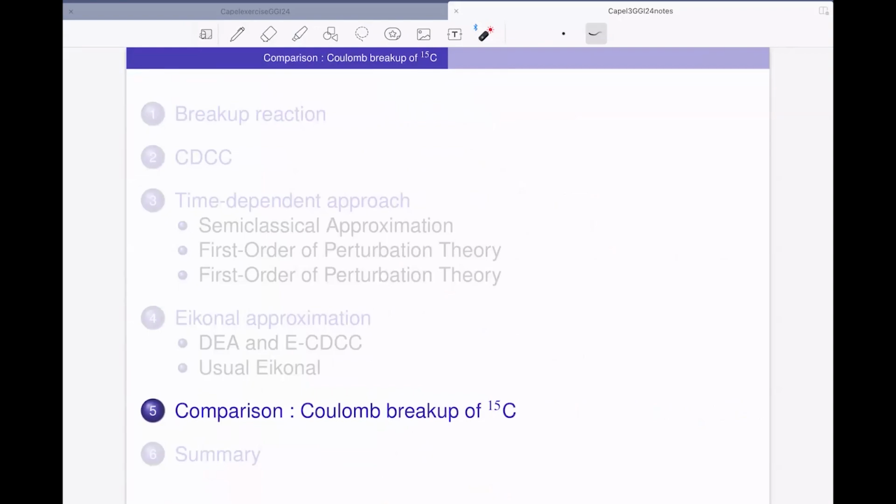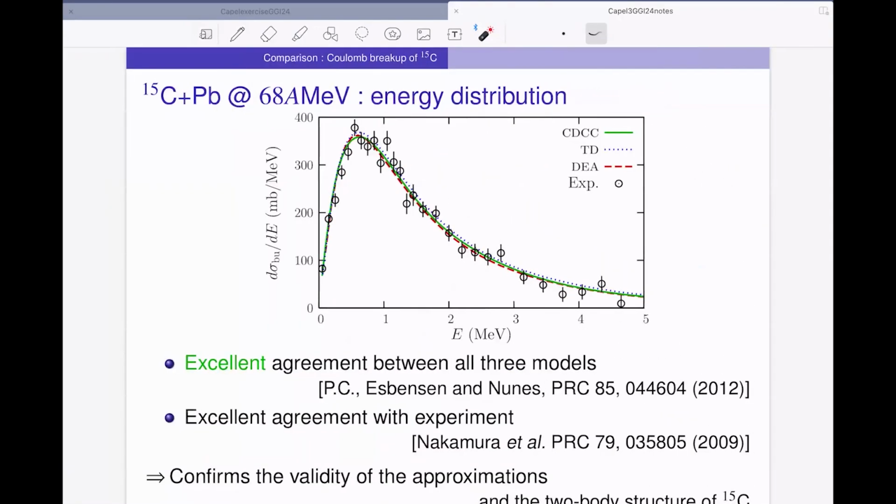So how do these different models compare to each other? We started for a different reason, but then eventually Henning Esbensen, Filomena Nunes, and myself performed a calculation within the three models.